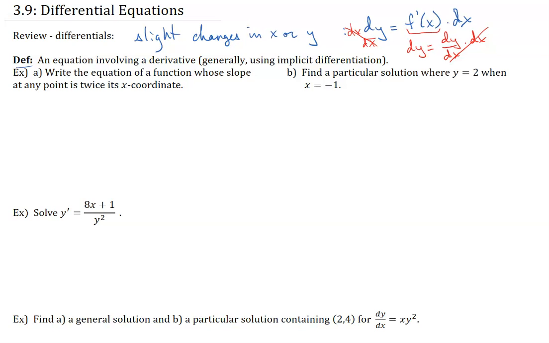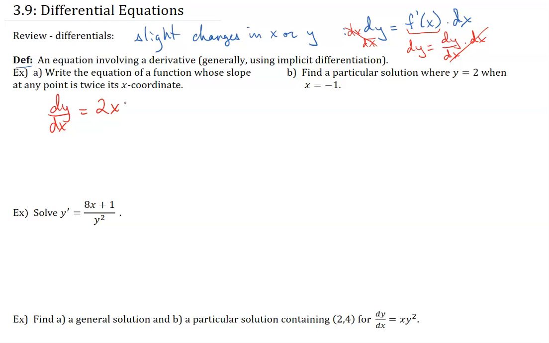We know that it's going to be a differential equation because the description of the equation is told to us in terms of its slope, instead of being told something about the values on the function, like an x and y coordinate relationship, like x is 3 times y, so then 3y equals x, something like that. Here we know something about the slope. So the slope at any point, so at any value of x, is twice the x-coordinate. So that means that we could say that we have the differential equation dy over dx is equal to 2x, so the slope dy over dx for any value of x is twice that x-coordinate.